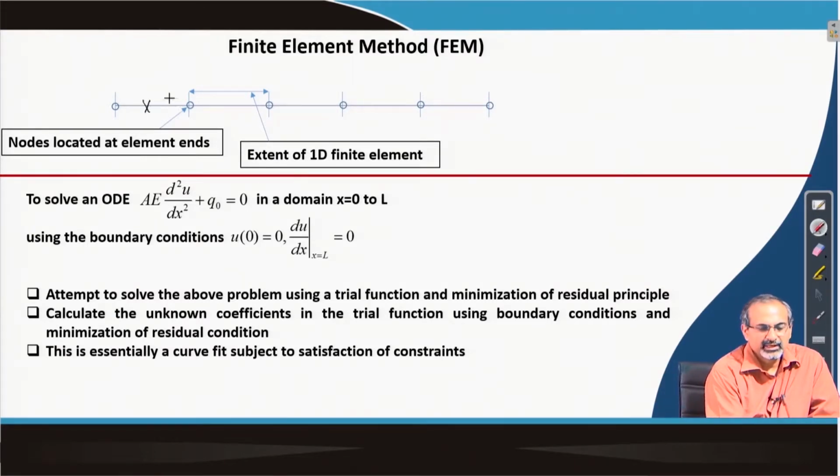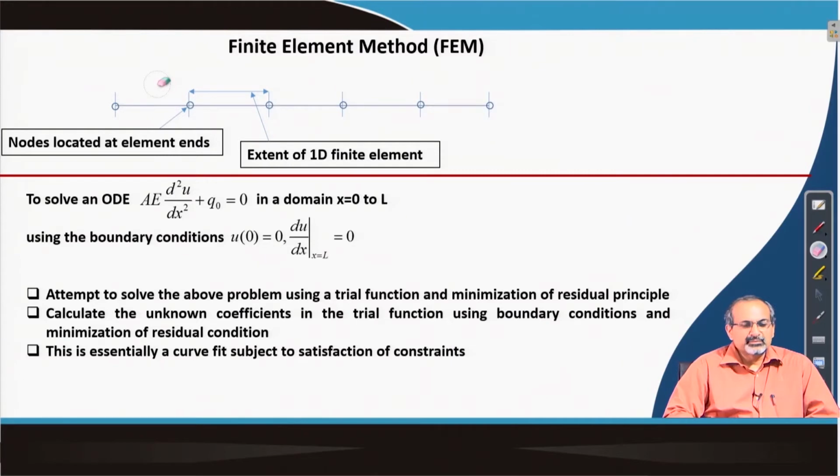So, if you remember, in the finite volume situation we had nodes like this. In the finite element technique we are talking about the end points of these segments as the nodes, and these segments which we call finite volumes are here called finite elements.